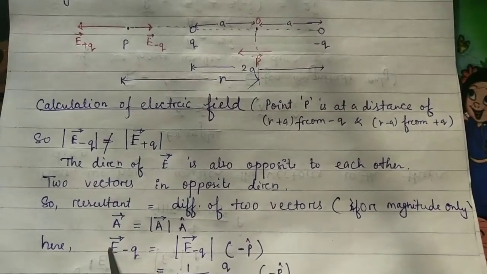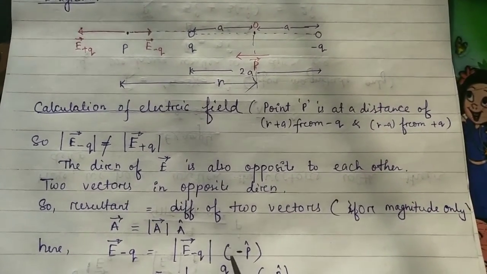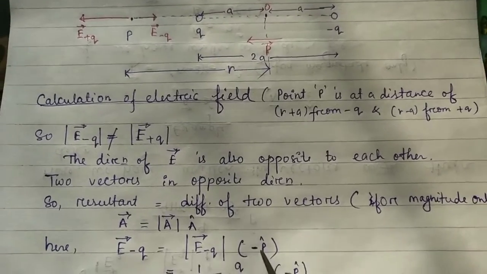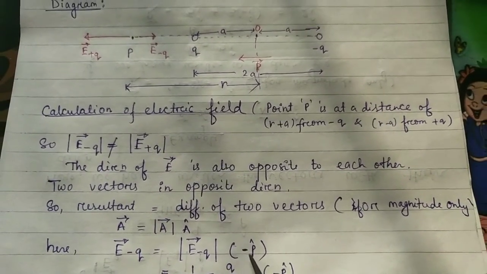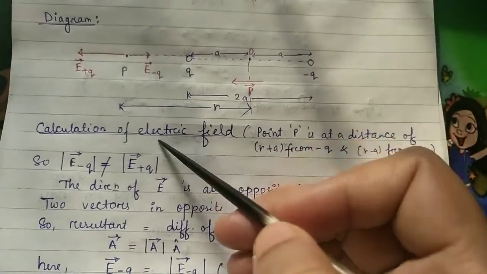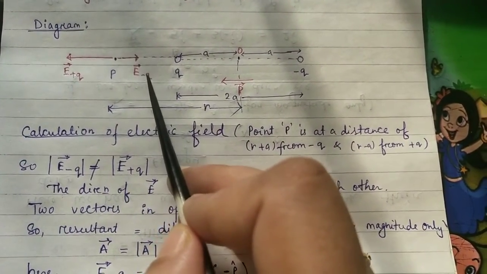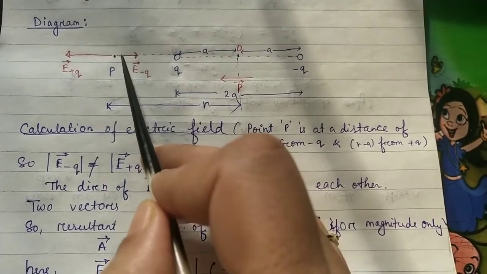Similarly I will write E vector minus q equal to the magnitude of vector E and its direction. Here it is a point to note what the direction of E minus q vector is. You see here, vector E minus q, the direction is towards right.